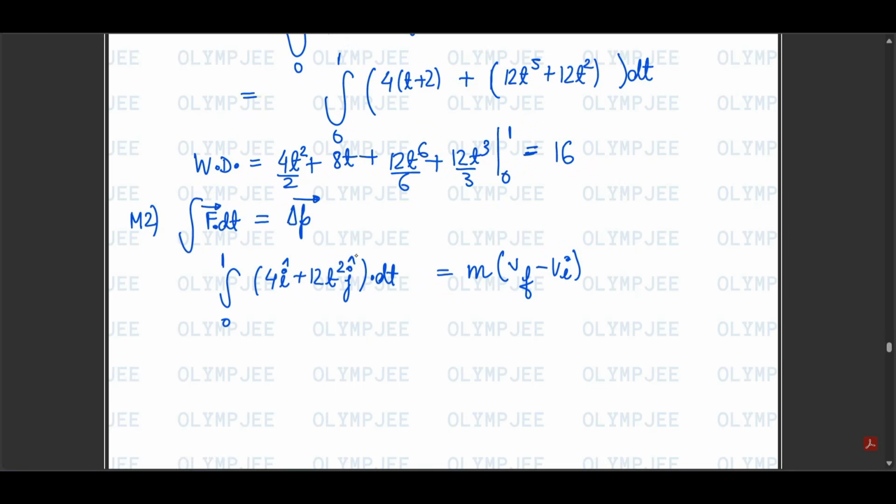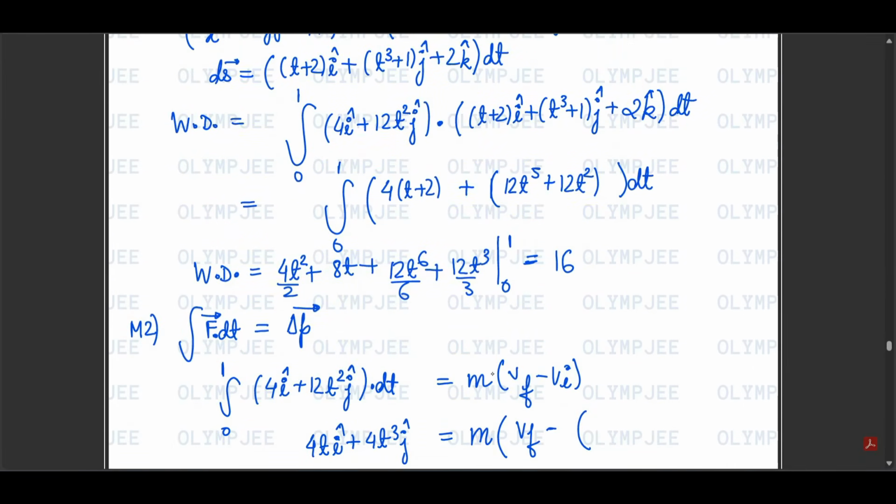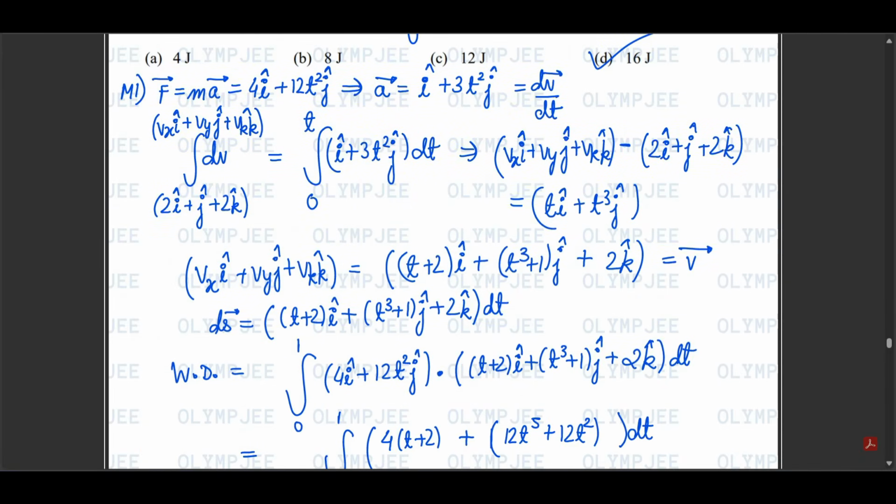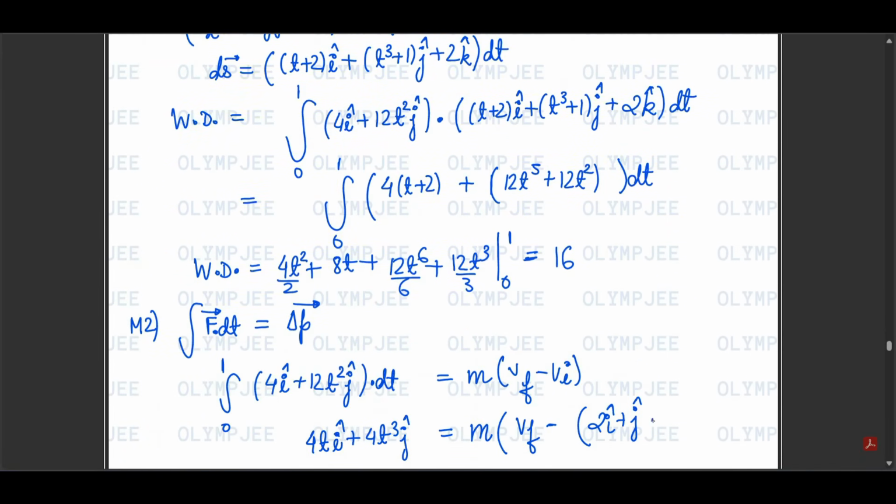So this will give us 4t i cap plus 4t cube j cap is equal to m multiplied by (v final minus v initial), which is given as 2 i cap plus j cap plus 2k cap, right? So we can find the final velocity from here.